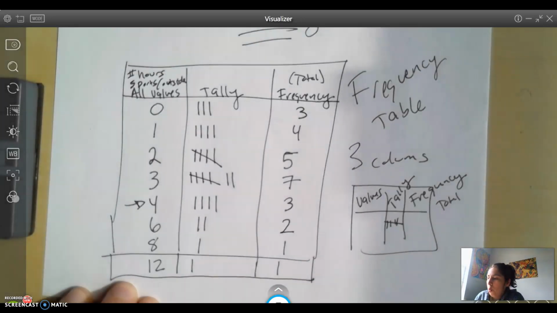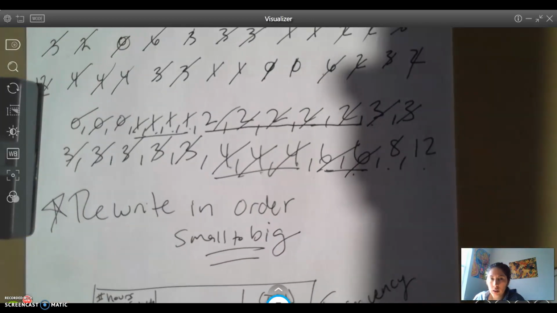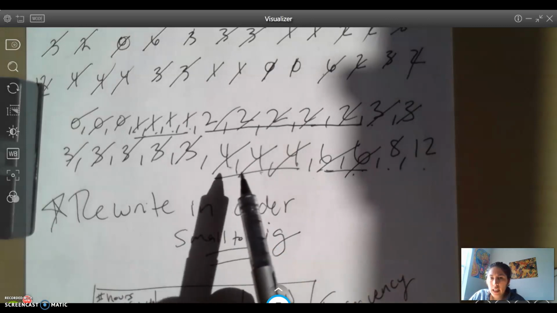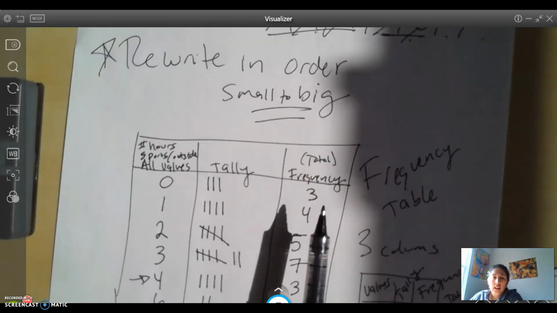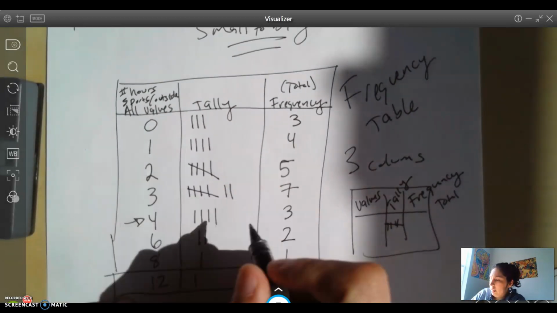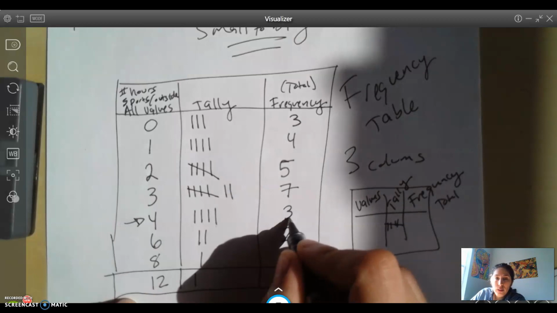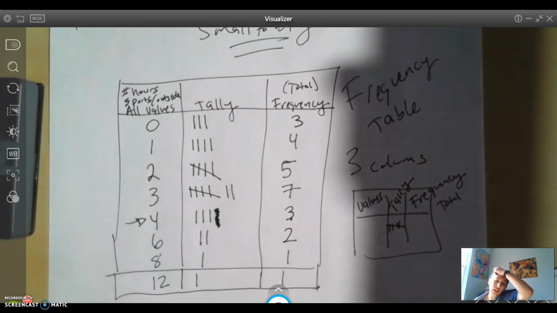here, where I wrote down the frequency of 4. Let's go back to the original data set. There were 1, 2, 3 instances of 4. I was confused because I saw the number 4, so I have 4 tallies. It is a frequency of 3 though, so to fix this, hopefully with your pencil, you go in and erase it. Since I did it with pen, I'm just going to cross it off.